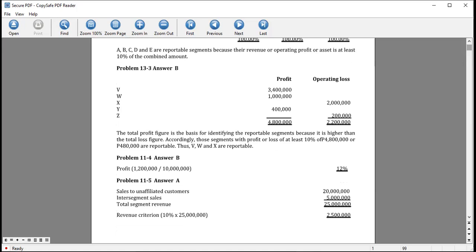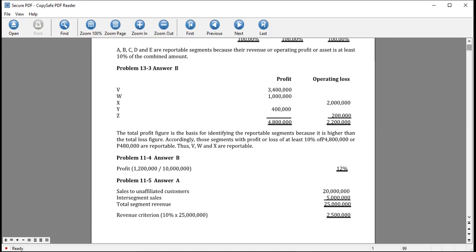Now you compare the total profit with the total loss. Accordingly, those segments with profit or loss of at least 10% of 4.8 million, or 480,000, are reportable. Thus, B, W, and X are reportable.